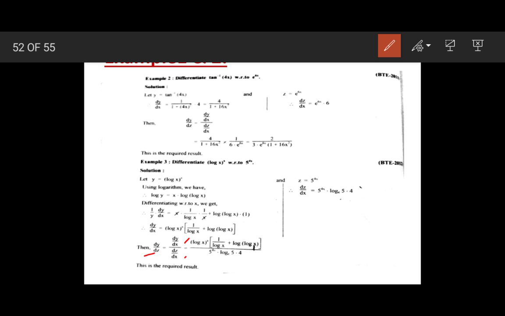So that is equal to (log x) whole raised to x, this y, into derivative, 1 upon log x plus log x, whole divided by dz upon dx, which means 5 raised to 4x into log 5 into 4. Okay, and this is the required derivative. This is the derivative of the given function.